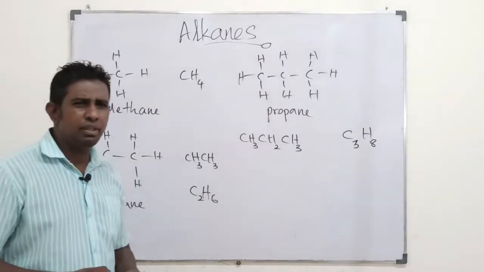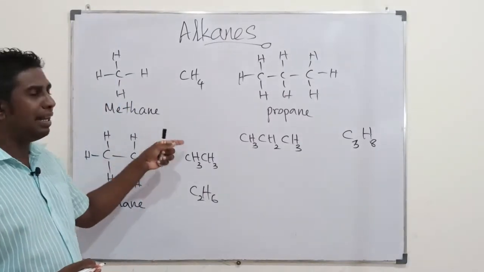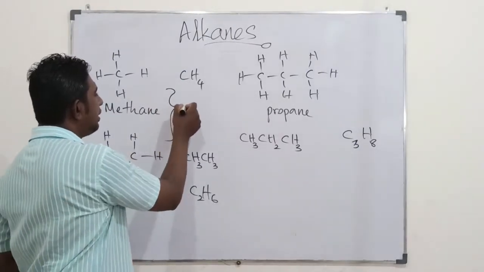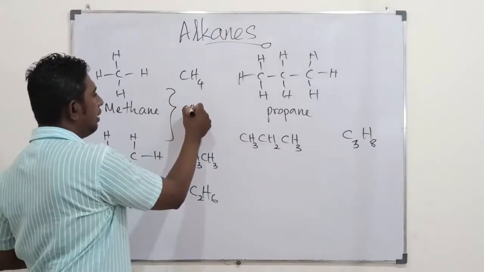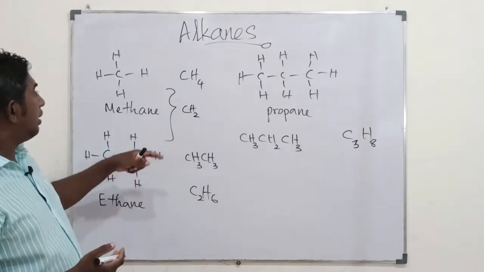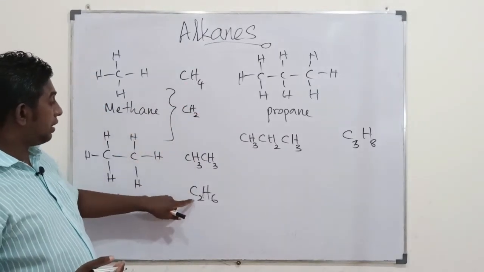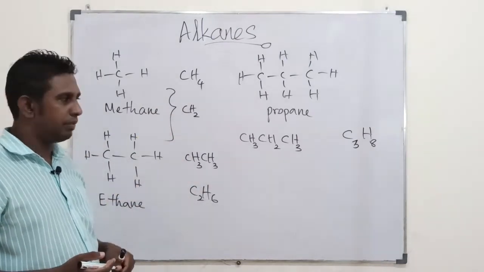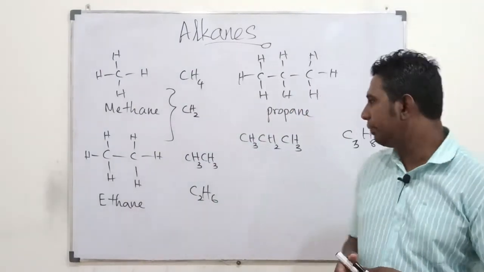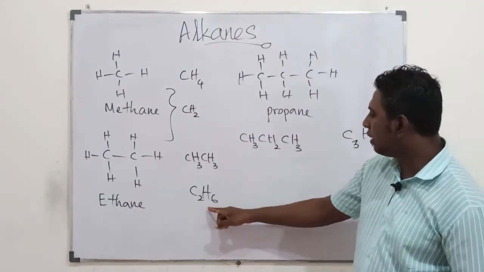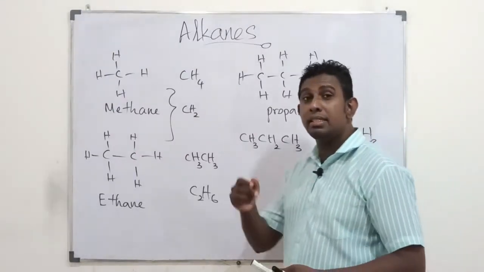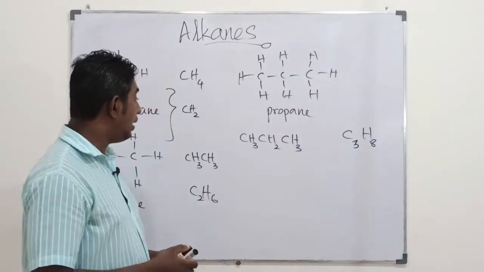When you check the difference in carbon number and hydrogen number going from first to second, it is 1 carbon and 2 H's. It's the difference between CH4 and C2H6, 1 carbon and 2 H's. When you check the same going from second to third, again students, C2H6 to C3H8 is again 1 carbon and 2 H's.